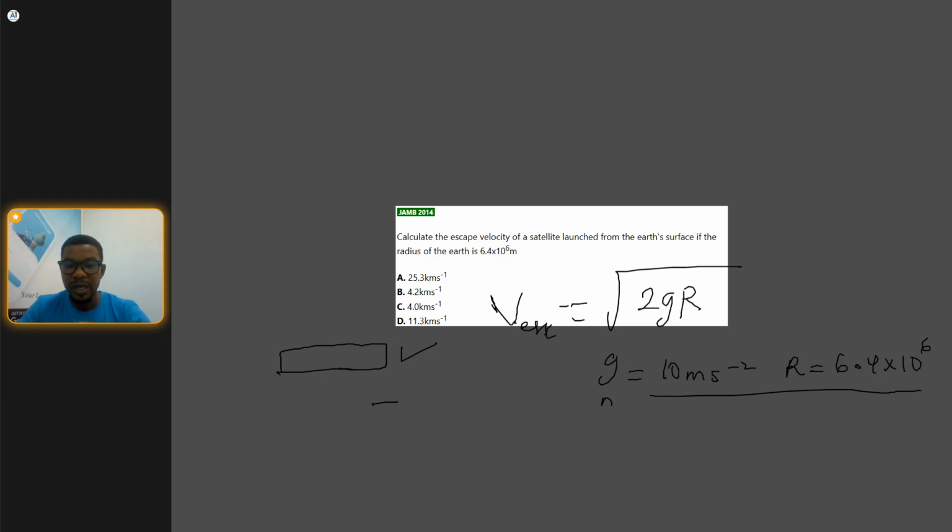So do well to make use of those formulas that I've sent to you through your chats and practice questions. If you need more detailed explanation about gravitational field, visit the A1 Tutor app and check under SS3.